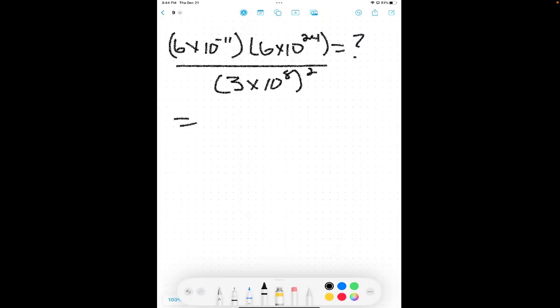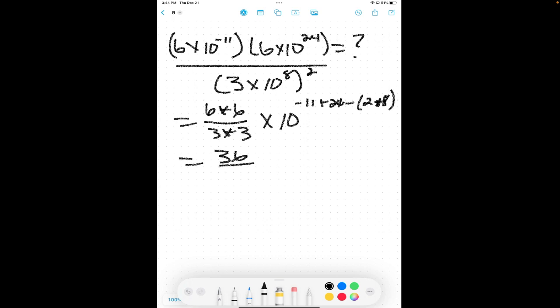So our first step is going to be evaluating the numerator, which is 6 times 6 divided by 3 times 3, all times 10 to the minus 11 plus 24 minus 2 times 8, leaving 36 divided by 9 times 10 to the minus 11 plus 24 minus 16.